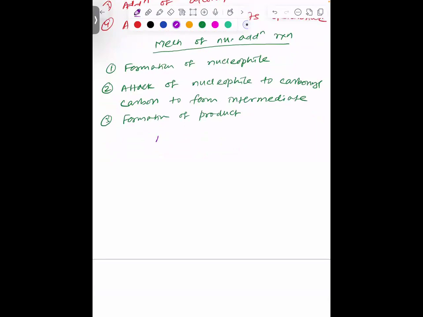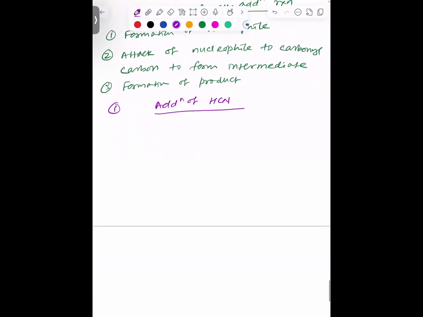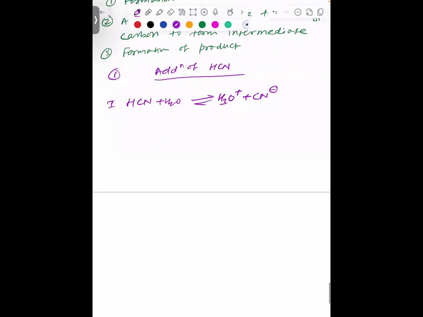Okay, now addition of HCN, the first example. The nucleophile is CN minus. So first step: HCN in the presence of water forms the nucleophile CN minus.